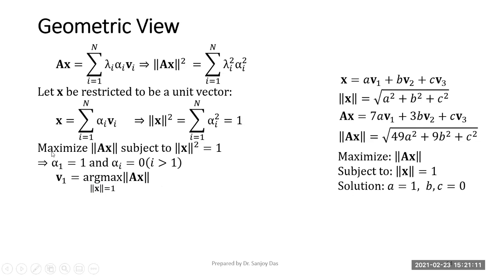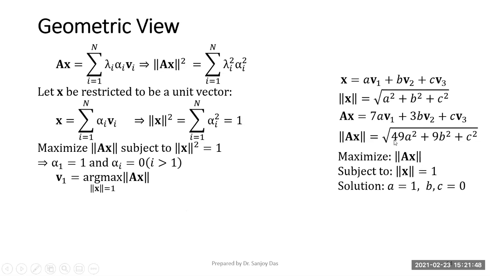When I do this maximization, x turns out to be equal to v1, right? Just like here, with a equals 1 and b and c equal to 0, x turns out to be v1. Here, v1 is the argmax over all unit vectors x of the L2 norm of Ax. Okay, so this is important for you to understand. And what happened to the length of Ax?